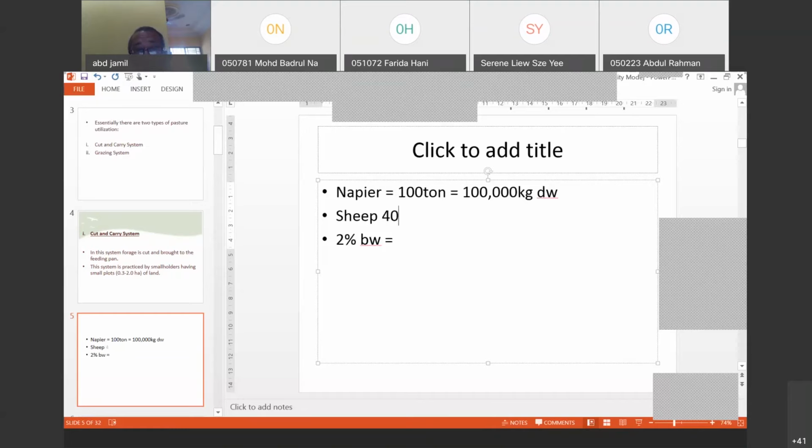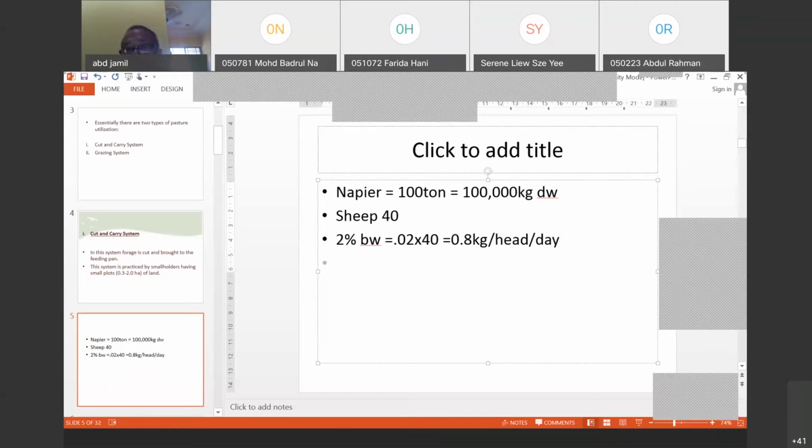So you want to give 2% body weight of grasses. Meaning you are going to give about 0.02 multiplied by 40 kilogram, which is equal to 0.8 kilogram per head per day. You following?